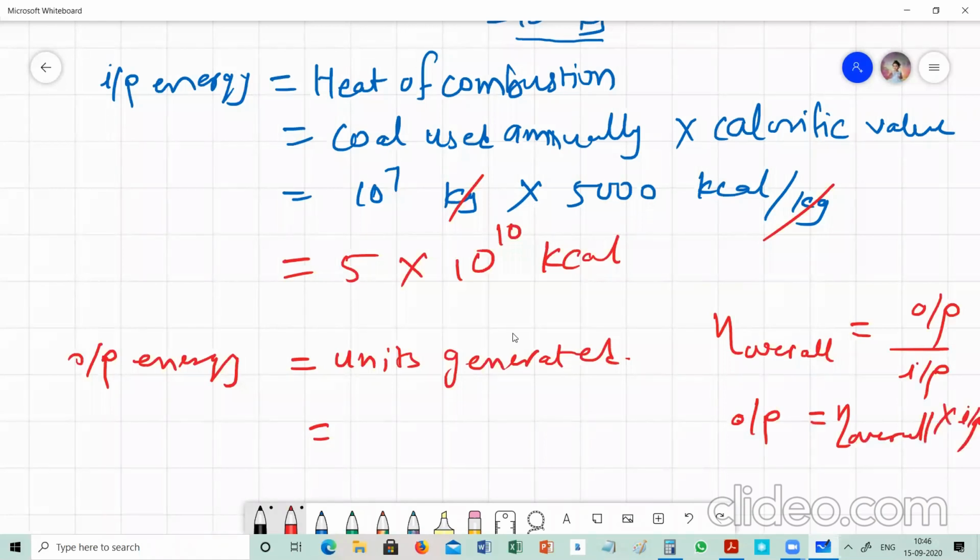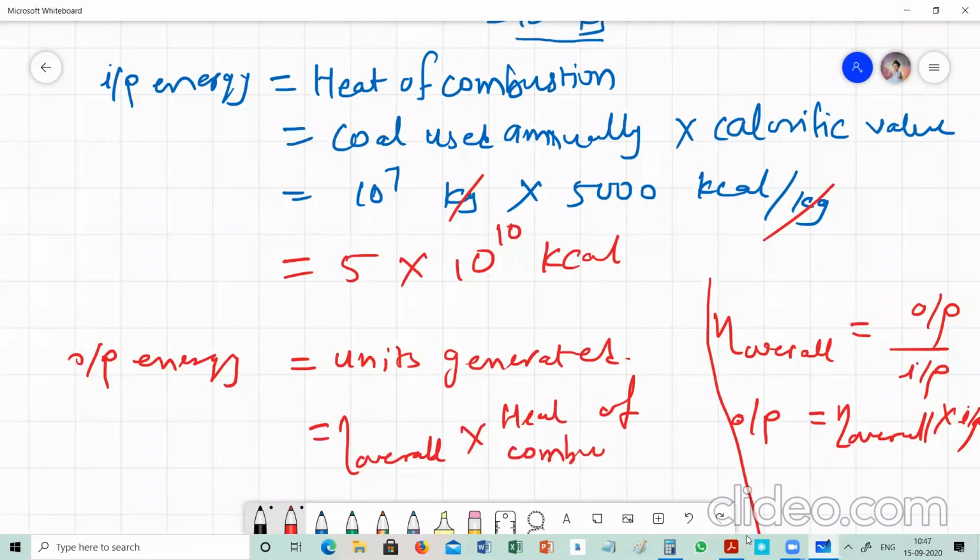So units generated is equal to eta overall into input, which is the heat of combustion.